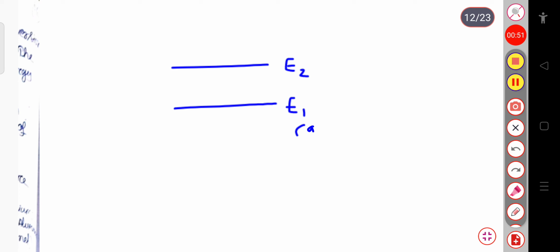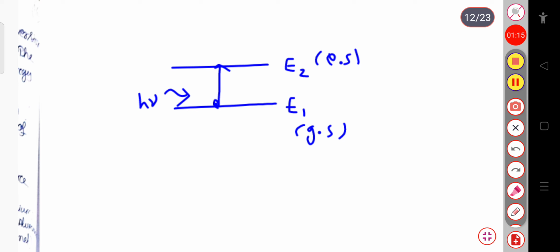This is my ground state and this one is the excited state. When an atom is present in the ground state at ordinary temperature, and we supply some additional energy, a photon of energy hν, when it falls on this atom E1, it will get excited and go to the higher state, that is the E2 state.